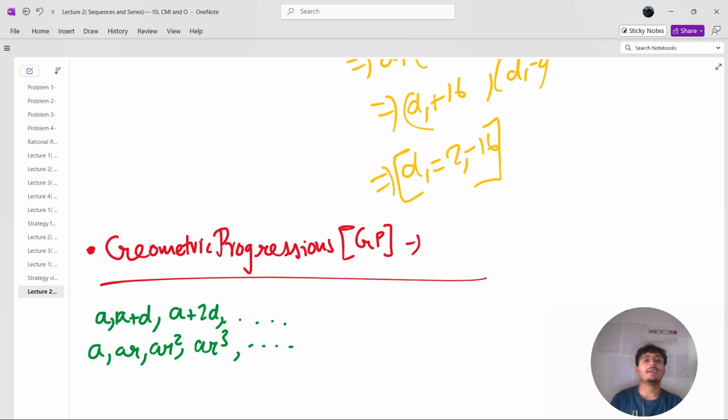Like in series, the understanding of the nth term is too easy. Looking at this series, in my third term, I'm getting 2 as the power of r. In my fourth term, I'm getting 3 as the power of r. So basically in the nth term, I will be getting n minus 1 as the power of r, and my a remains constant. So ultimately, my nth term of the GP series becomes ar to the power n minus 1. This is my Tn.